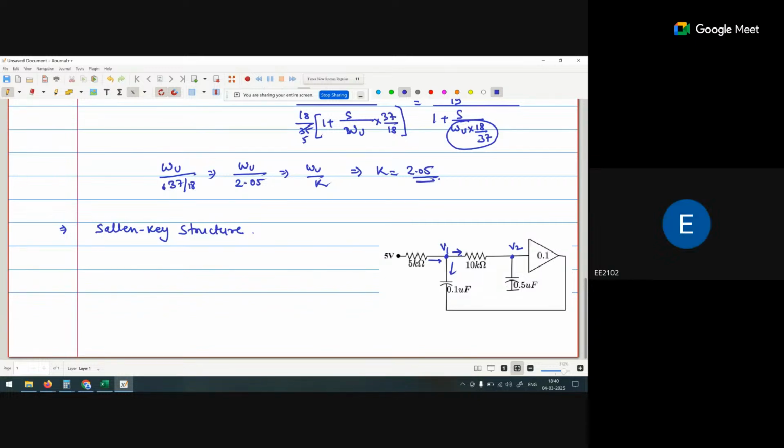Now, if I say that this is the V1 voltage, what is the value of this V1 voltage? The current that is passing from this one will go in this direction. Can I calculate? This is the V naught.